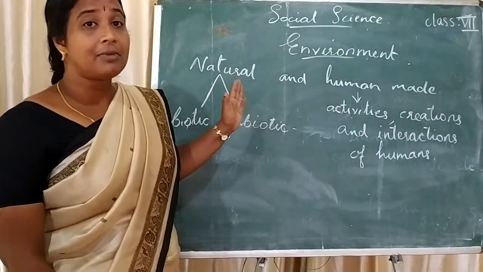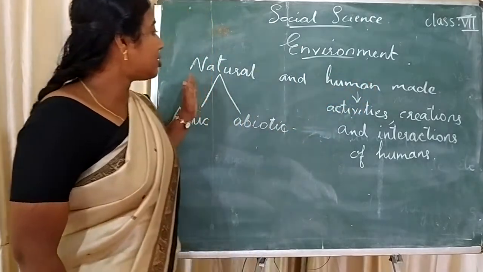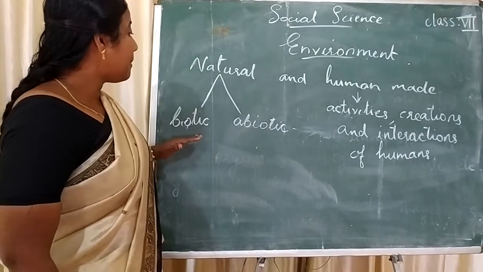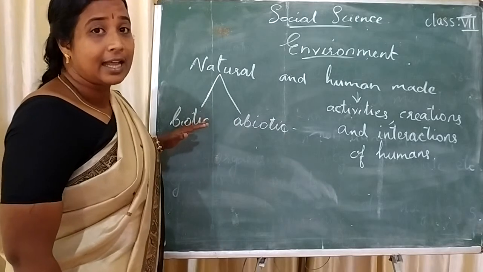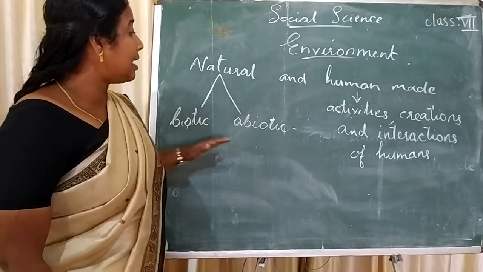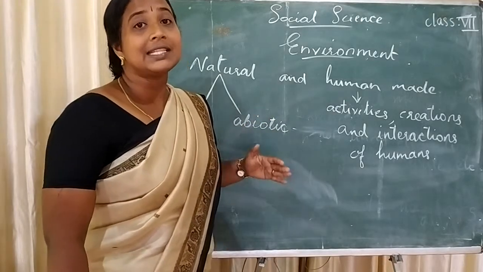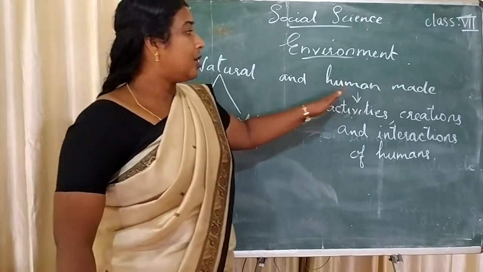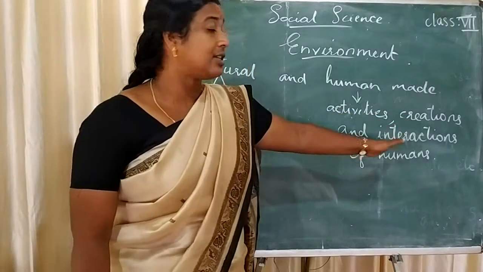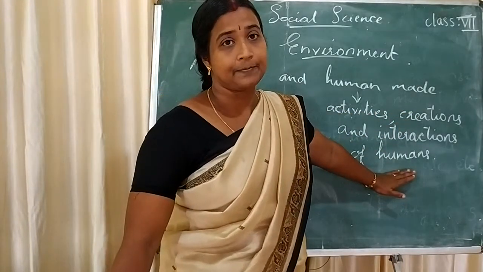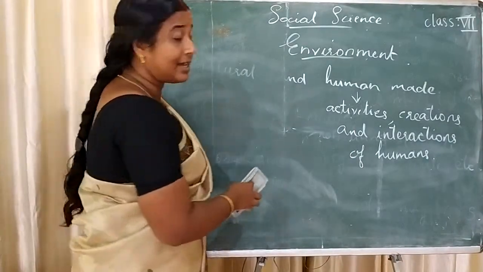So, the environment is a combination of both natural and human-made phenomena. Natural environment includes biotic and abiotic conditions. Biotic conditions are the living organisms like plants and animals, and abiotic conditions include the non-living elements like land and water. And human-made environment includes the activities, creations and interactions of humans. Okay? I hope you understand.